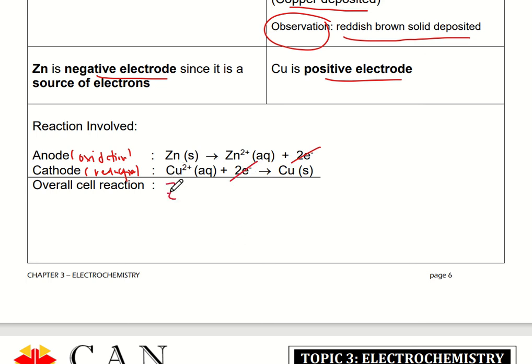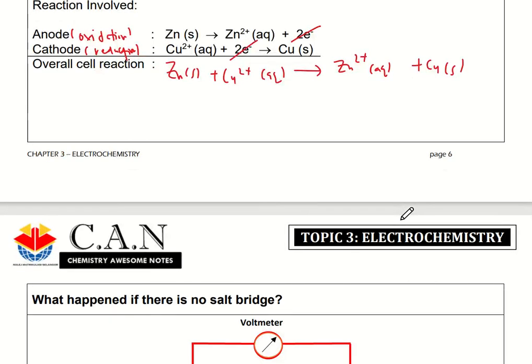So you akan dapat zinc solid plus copper 2 positive aqueous. Make sure for this chapter you also need to involve the physical state. So the product will become zinc 2 positive aqueous plus copper solid. Okay, so this is your overall cell reaction.